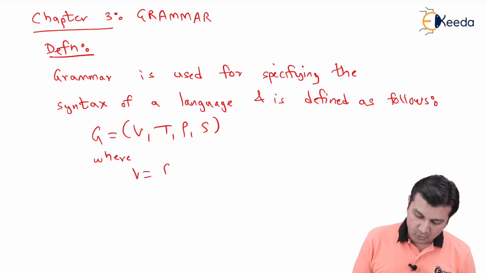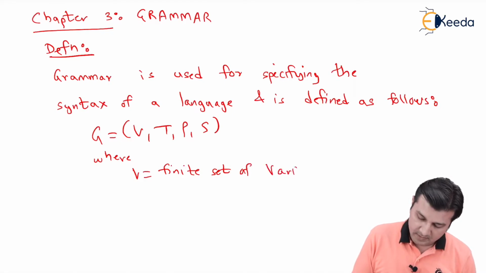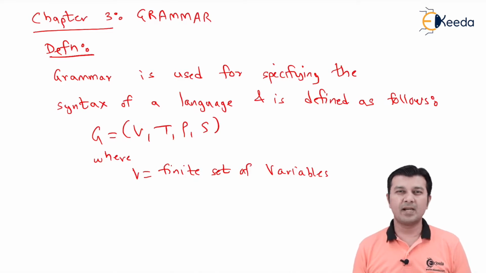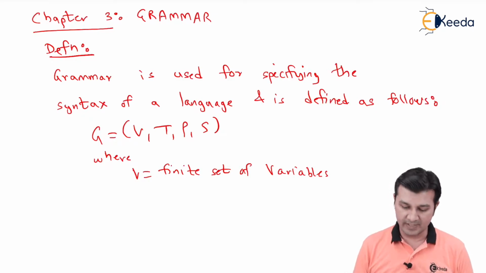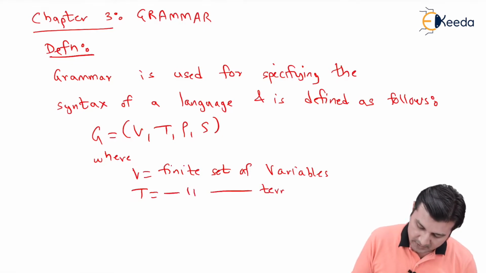V is equal to the finite set of variables. Now variables here are basically capital alphabets as in English. So grammar is G equals (V, T, P, S), where V is nothing but the finite set of variables. T similarly is the finite set of terminals.